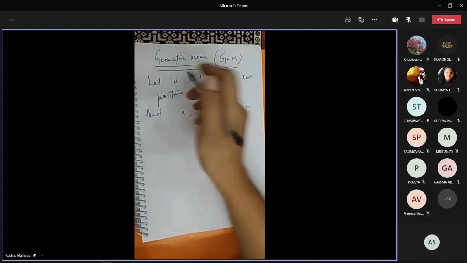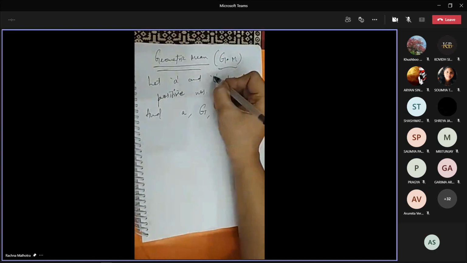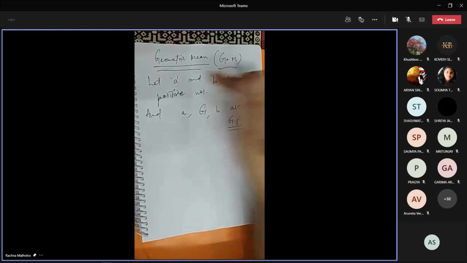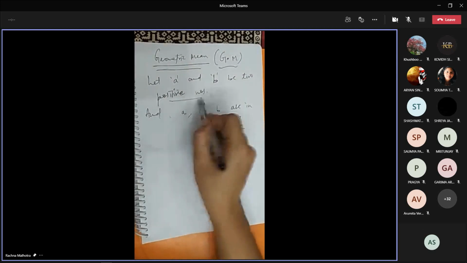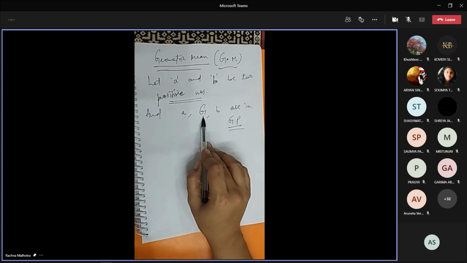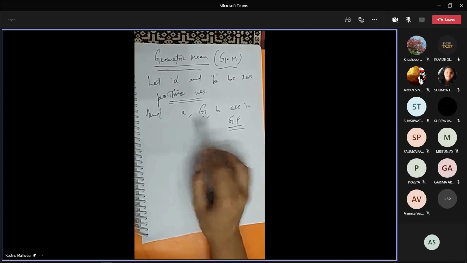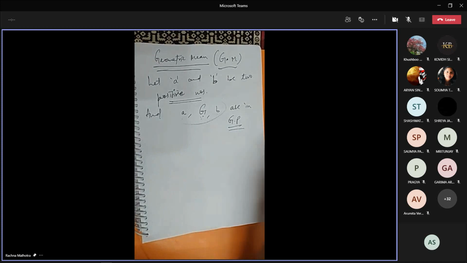There are two positive numbers because whenever we are talking about geometric mean, the numbers should be positive. Since the word mean comes, we are taking positive numbers. So two positive numbers, and suppose I am inserting one more number between A and B in such a way that they are forming a GP.